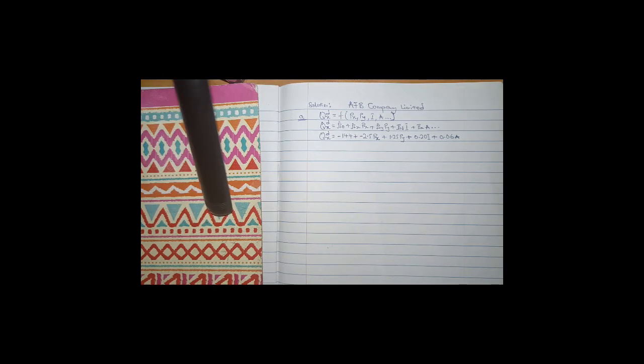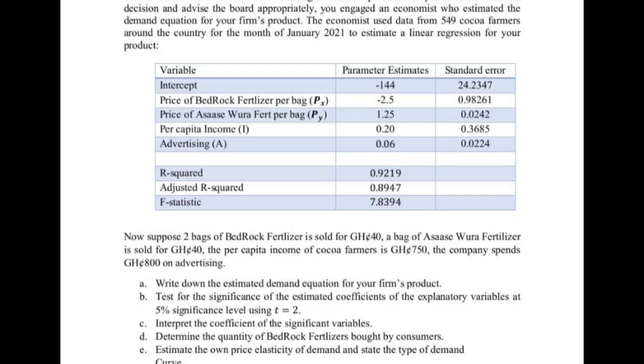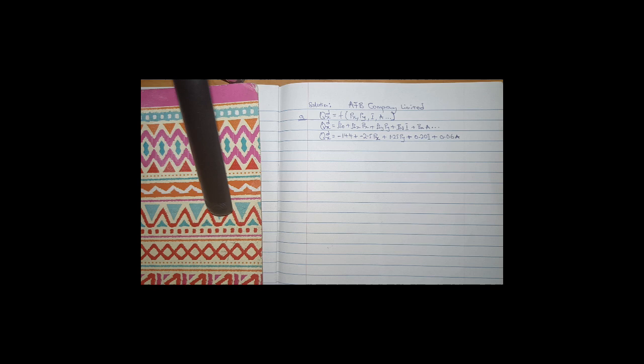All right. Now let's look at the B. The B says that we should test for the significance of the estimated coefficients or parameters of the explanatory variables at 5% significance level using t equals 2. Now, if you are to test for the significance of any variable in this question, mostly they will give you the percentage at which you are supposed to test.